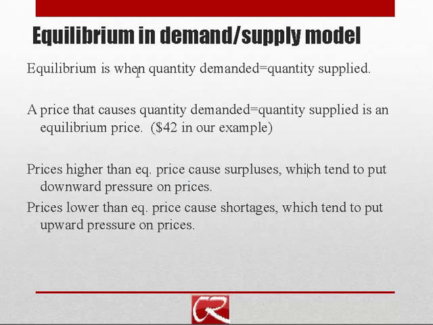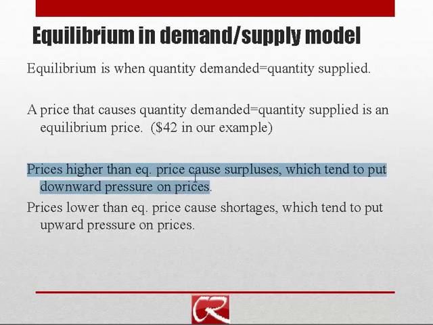In the specific context of a demand and supply model, equilibrium is when quantity demanded equals quantity supplied. The reason that's an equilibrium is that when prices are higher than equilibrium, or if there is a surplus, then that surplus puts downward pressure on prices.